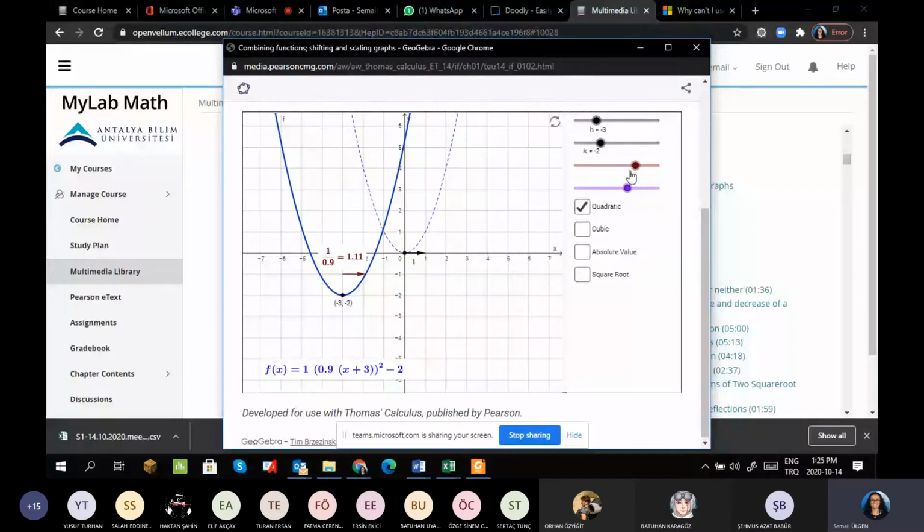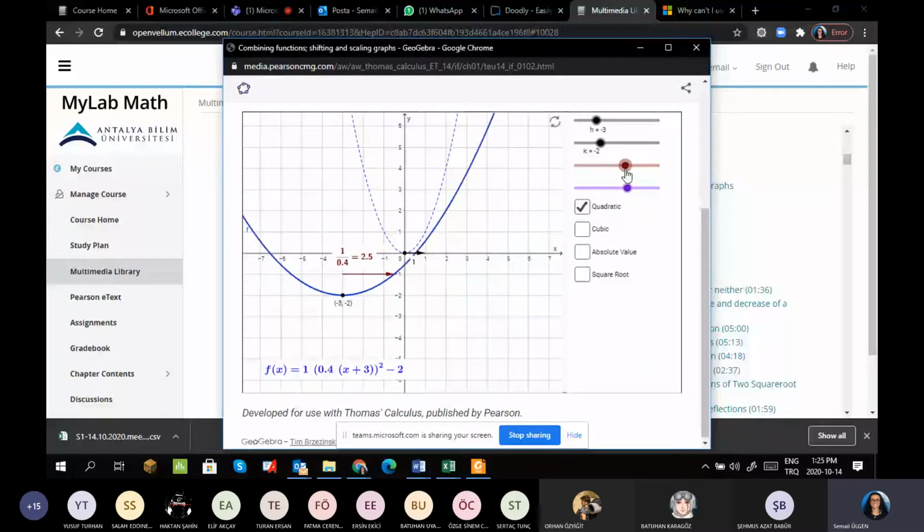And then there's this one, the number in front of x. You multiply x with it. It's going to tell you the stretch, stretching the graph vertically and compressing horizontally.